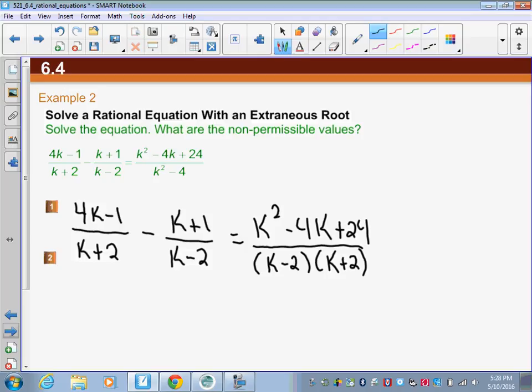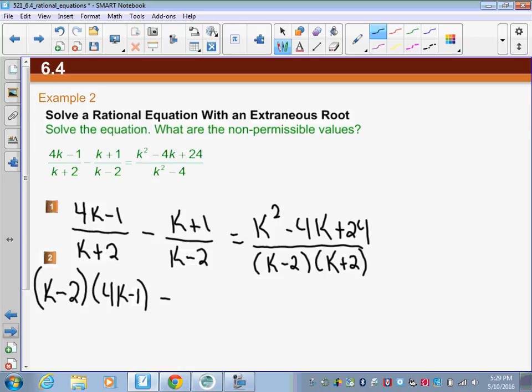So if I multiplied the numerators by those common denominators, you would find that the K plus 2 part would cancel out. We'd just be left with the K minus 1. So I'm only going to show that part of it. So we're going to do the K minus 2 multiplied by 4K minus 1.